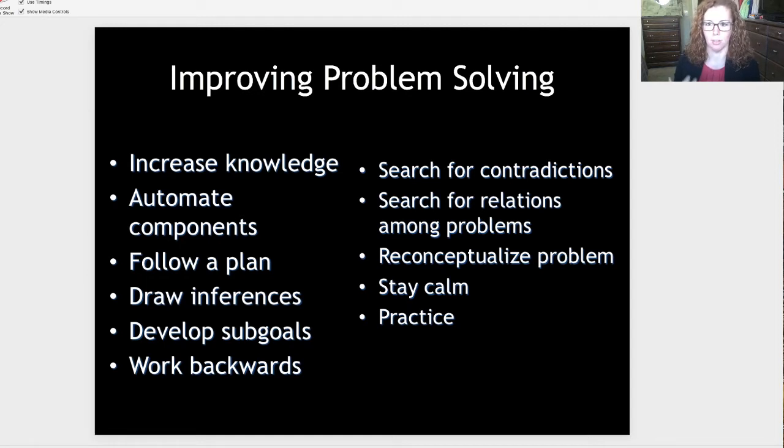Work backwards. So, look for where you want to go and figure out how to get there. So that's kind of a big picture thought. Practice, and then also be mentally flexible. So being able to reconceptualize the problem, search for a relationship among the problems, searching for contradictions within the problem. All these things are ways to increase problem solving.